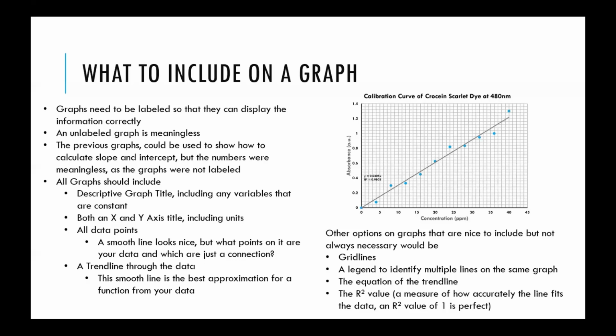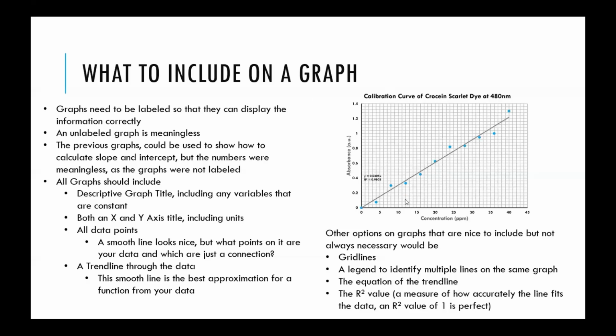Other things that you can also include on a graph, they're not necessarily mandatory, but can be nice depending on the circumstance, would be grid lines like these. Some professors like them, some professors don't, so get a sense for that. But in general, they're not necessarily good or bad.